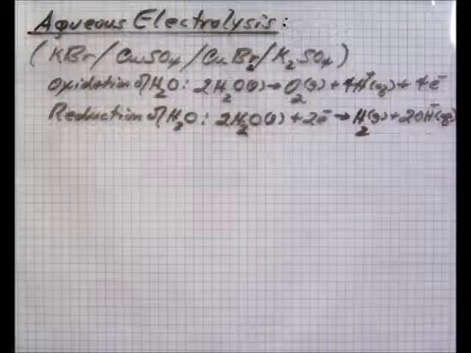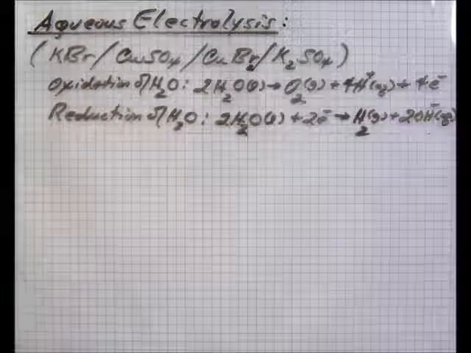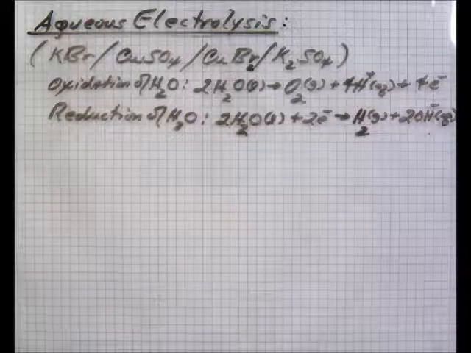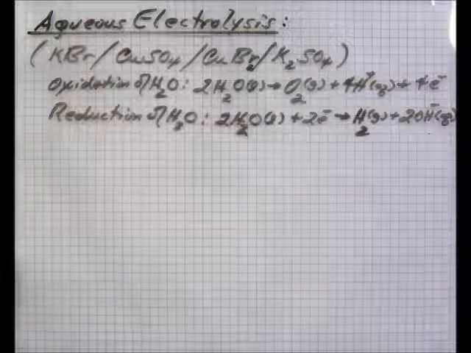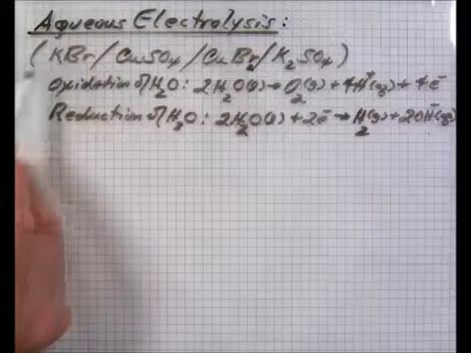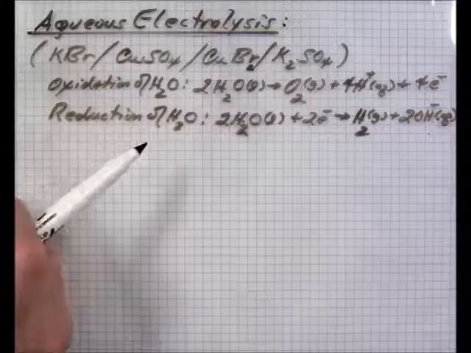hydroxides. Now, we begin with the potassium bromide, and I'll show you how this is evaluated. I would suggest starting with a T-table, with one side undergoing oxidation, one side undergoing reduction, like that.